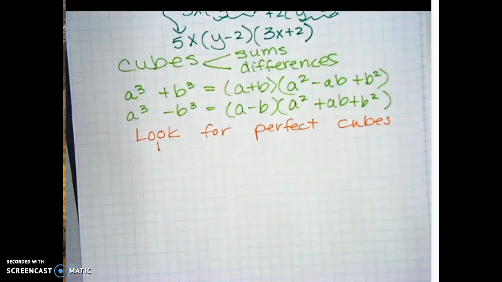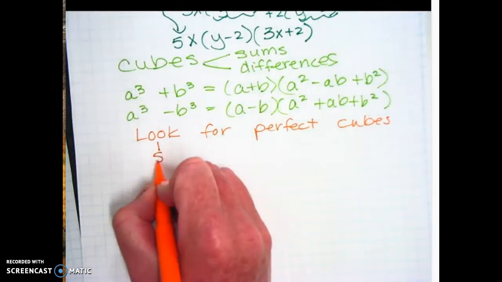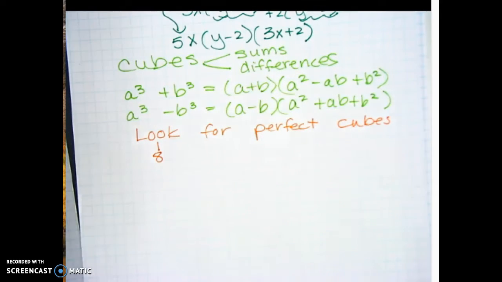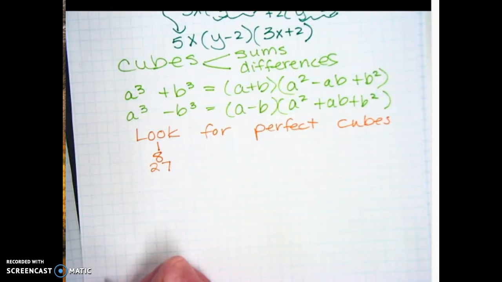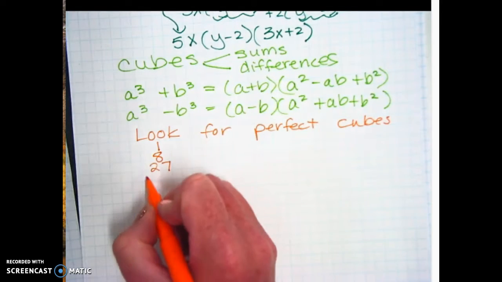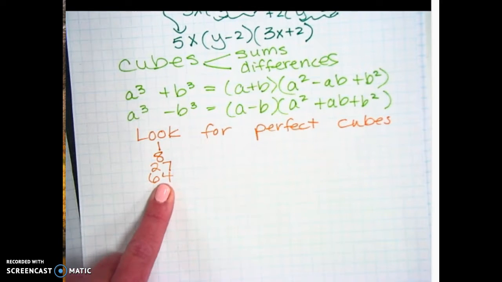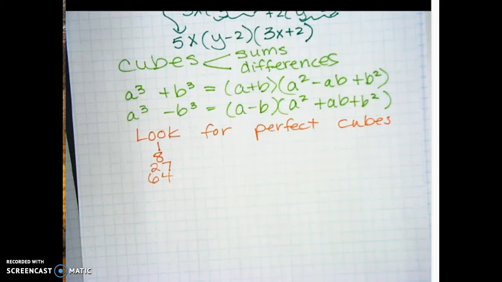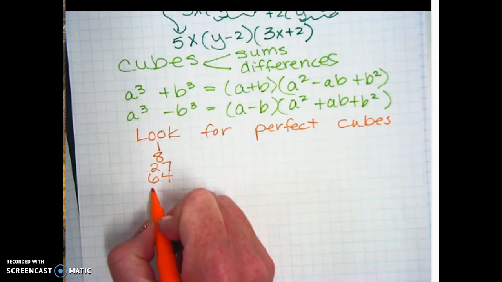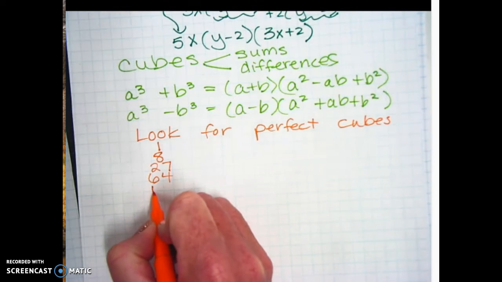How about 2 cubed? 8, because 2 times 2 times 2 is 8. How about 3 cubed? 27. Anybody know 4 cubed? 64. Why is 64 a tricky one? Because it's also a perfect square. It's a perfect cube and it's a perfect square. So when you see 64, it could go either way, right? What is 5 cubed? 125.